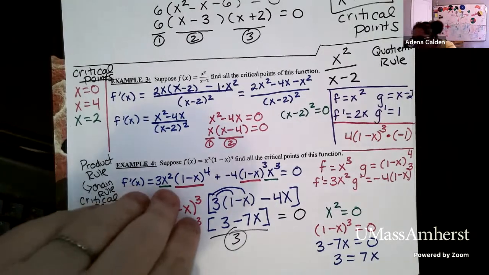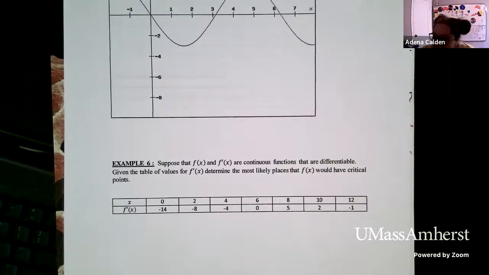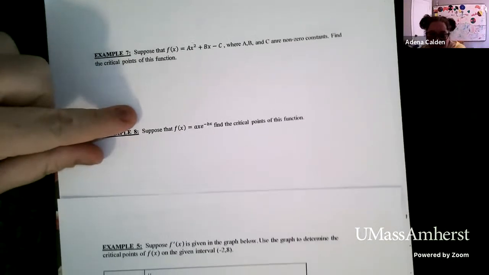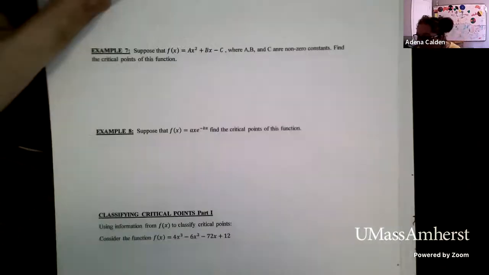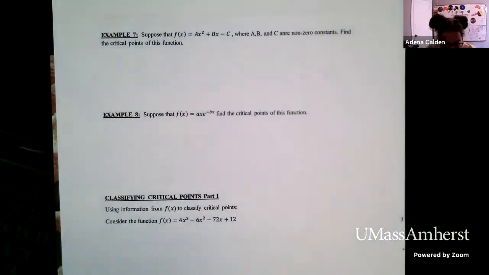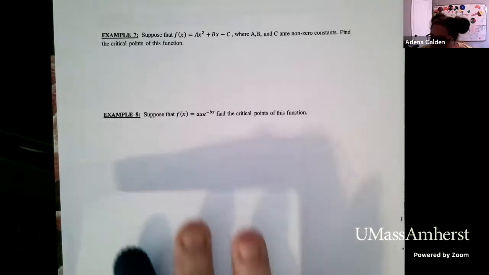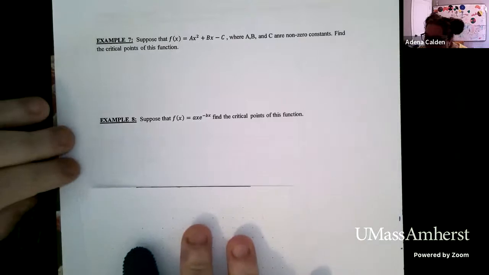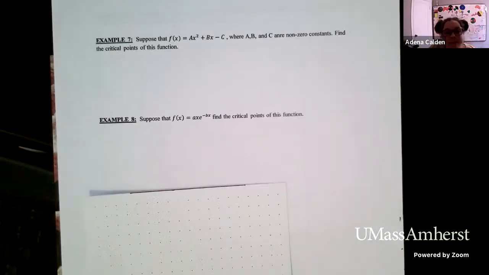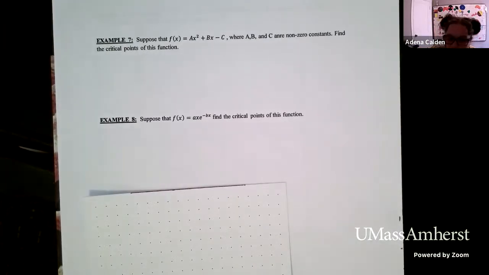Okay, so we are going to go a little out of order. I'm going to skip to 7 and 8, which are still algebraic, and then we'll come back to 5 and 6. Staying on this idea of solving algebraically for critical points, we sometimes have functions that are more generalized than the specific types we were just looking at.